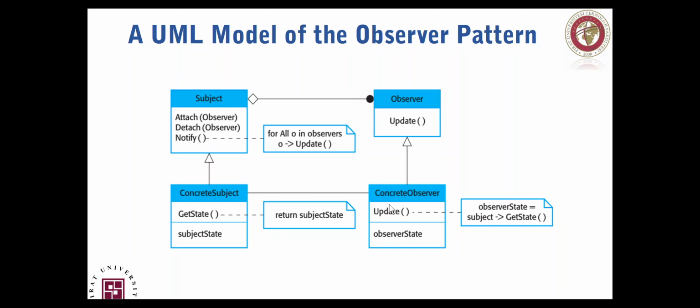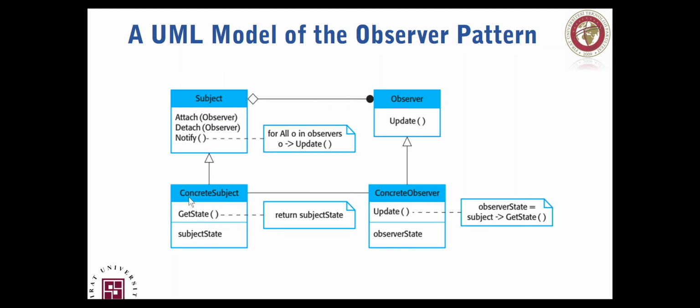Then we have two concrete classes. The first one is the concrete subject, which inherits the functionality and the attributes of the subject, and it represents the state of the subject.